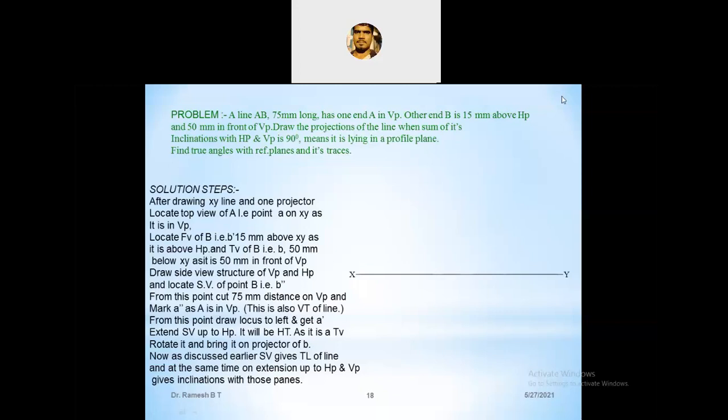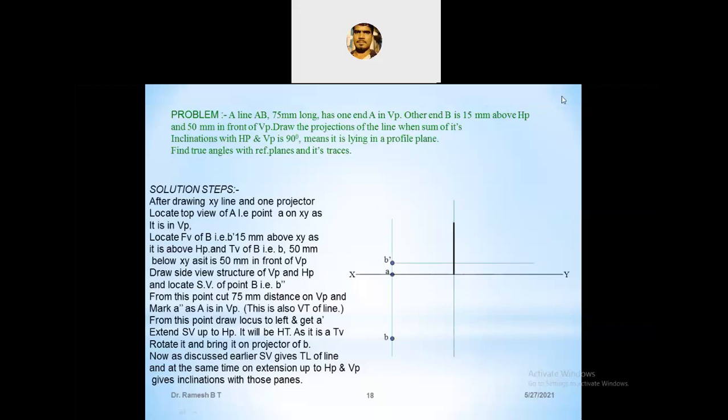Draw the projections of the line when the sum of its inclinations with HP and VP is 90 degrees, means it is lying in the profile plane. Find the true length, the true angles with the reference planes, and its traces.